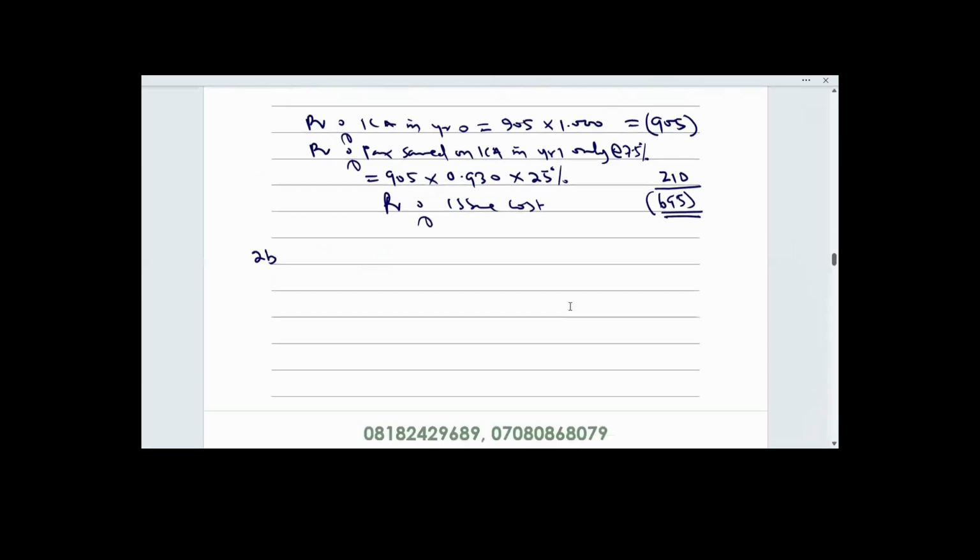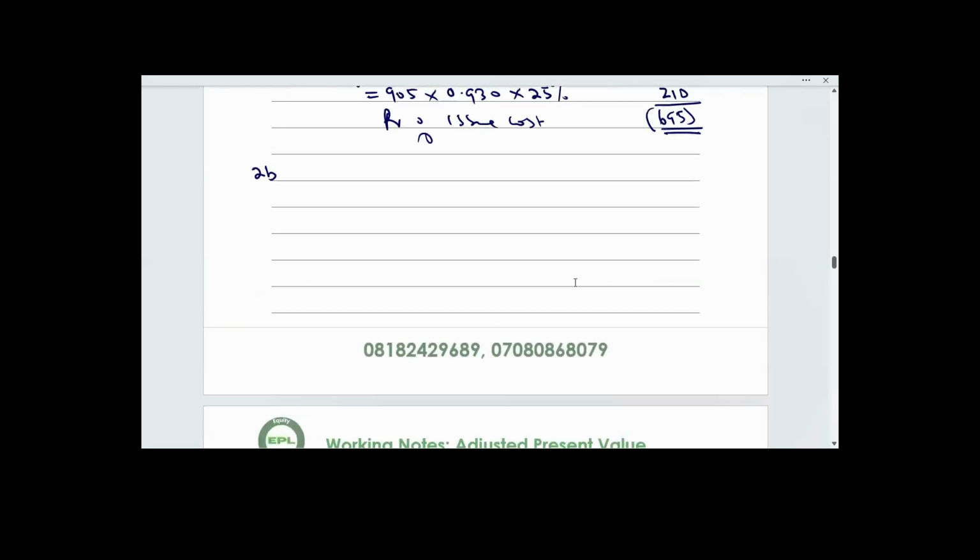Then I will go to 2B. In 2B, I want to calculate the PV of subsidized loan, so the PV of net subsidy. The first thing you need to do under PV of net subsidy is to determine the subsidy amount. The subsidy amount is equal to the gross finance required multiplied by the proportion of subsidy.